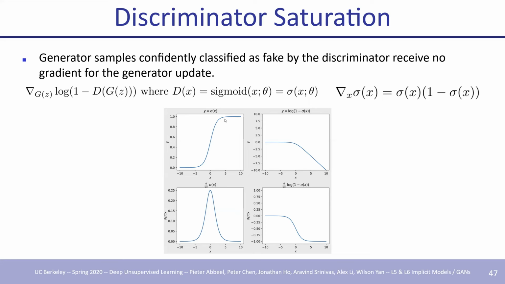Right, so if you look at the sigmoid and we look at the sigma of log 1 minus the sigmoid, and we take the derivative of it, here the gradient is 0. So once it's confident, there's no gradient left, and so it will not update itself. So no matter what happens, it's sure it knows what's going on.